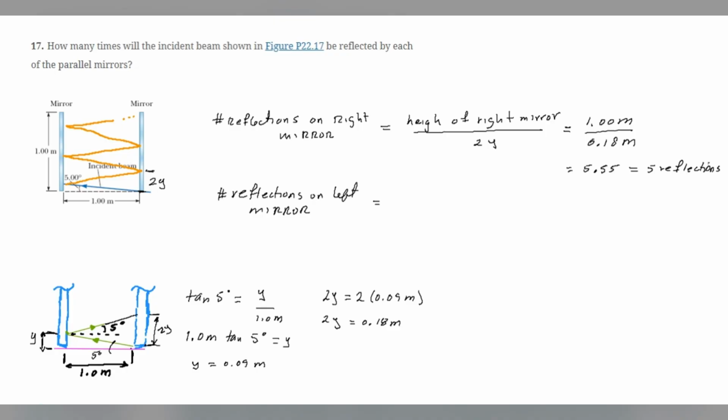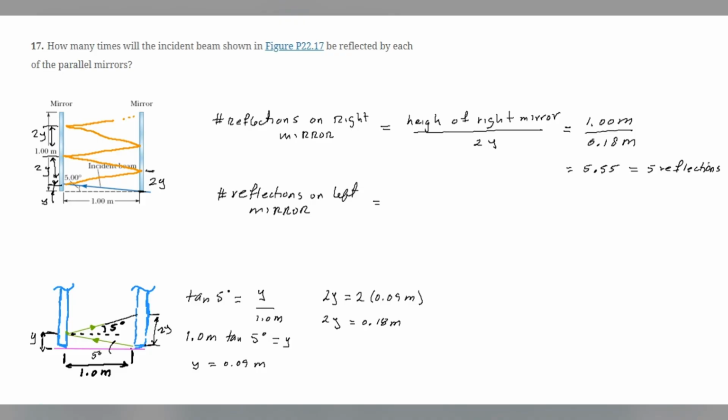So you start to count the number of reflections from the height of the mirror, 1 meter, minus y, and divided by 2y you can find it, because the next reflection will occur at 2y from that first one, and the next at 2y again. So divided by 2y, that value gives you the number of reflections in the left mirror.